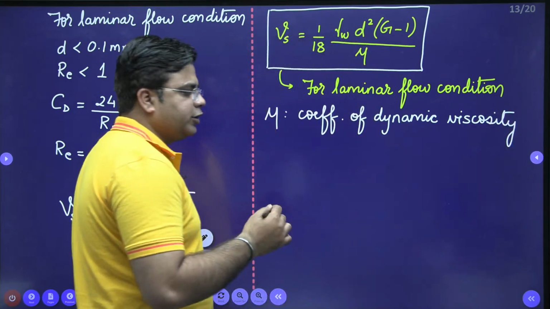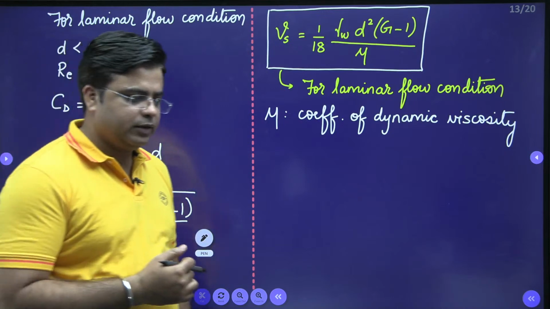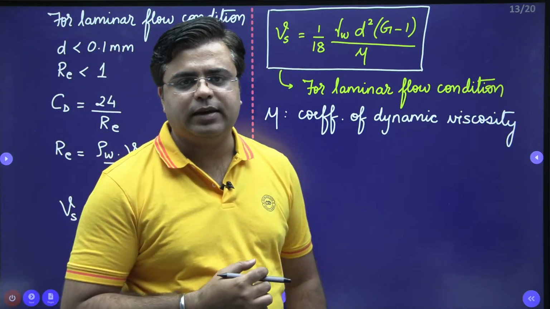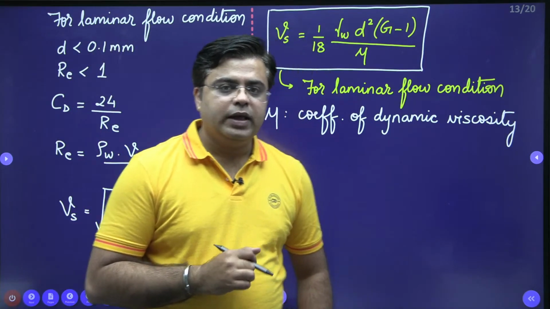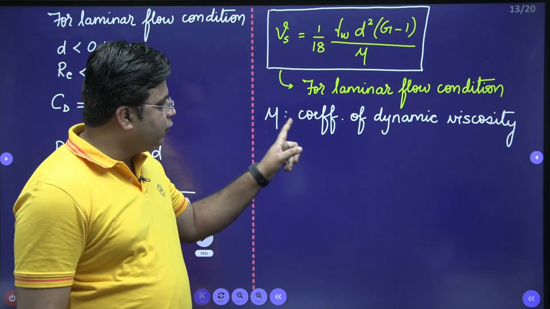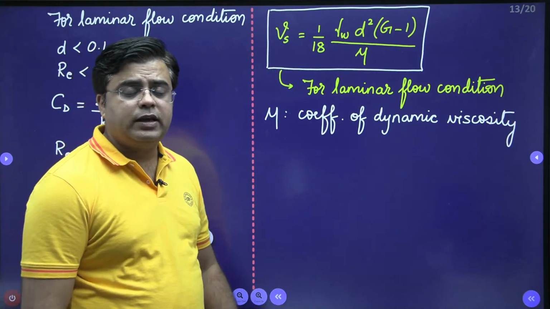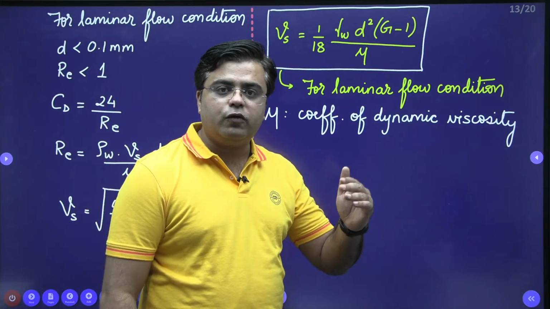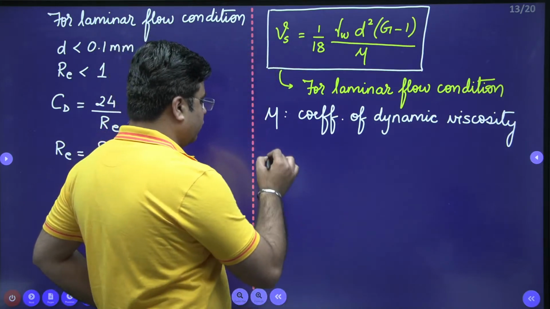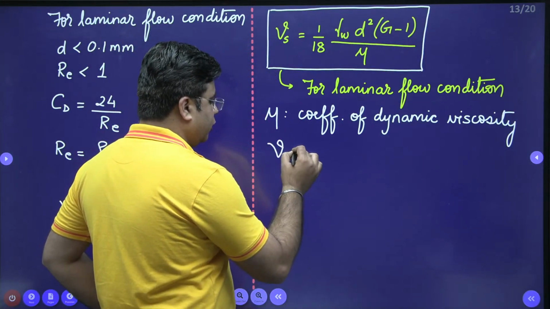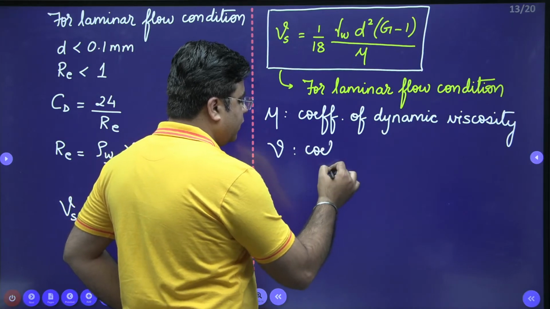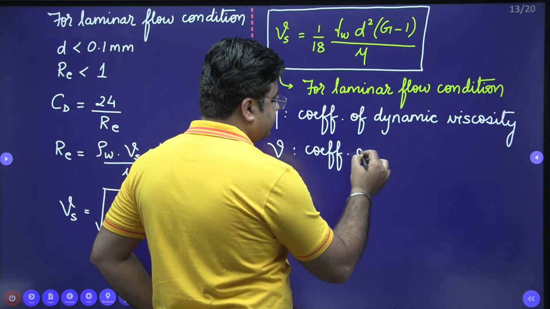In many questions that are asked in GATE and even in other technical exams, instead of giving the value of coefficient of dynamic viscosity, they give the value of the coefficient of kinematic viscosity, nu.